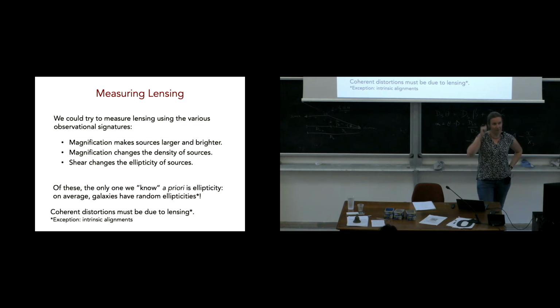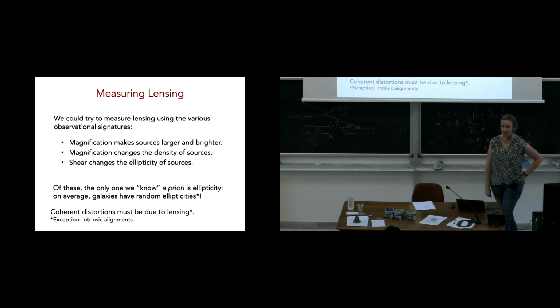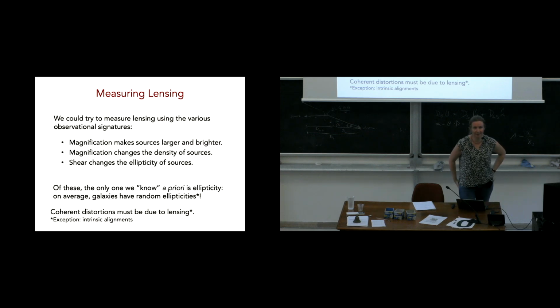If galaxies are randomly oriented, then averaging over a bunch of intrinsic ellipticities gives 0. And any non-zero average over the apparent shapes of galaxies in a small patch of sky should then be our gravitational shear. We don't have such an a priori assumption about the density of sources or the size and brightness distribution. That's why most of weak lensing so far has been done using shear.